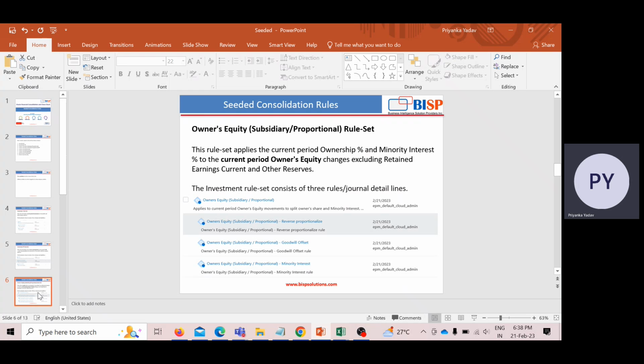This assumes that the changes in owner's equity account, excluding retained earnings, are deemed to be pre-acquisition and the retained earnings are post-acquisition. This rule offsets with investment in subsidiary. This rule set consists of three rules, which are reverse proportionalize, goodwill offset, and minority interest.